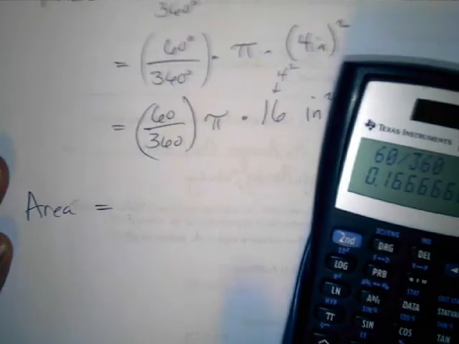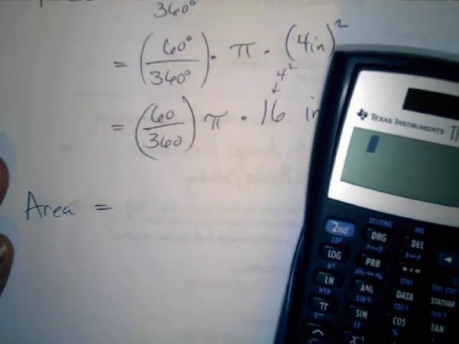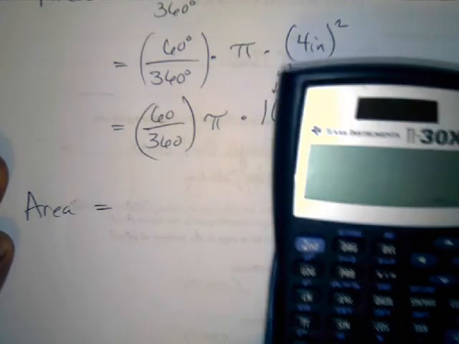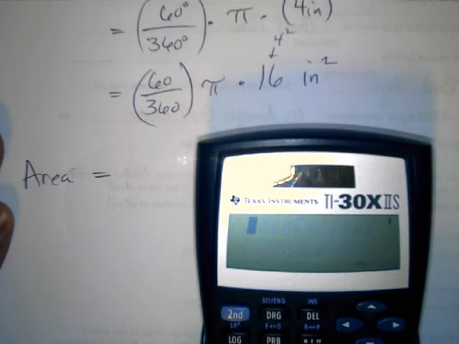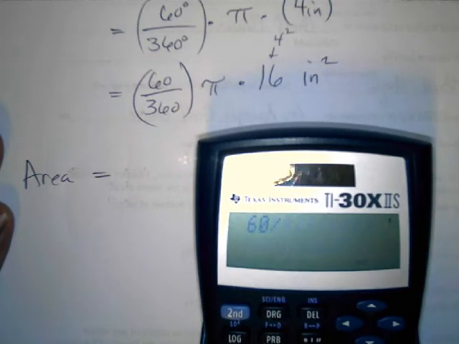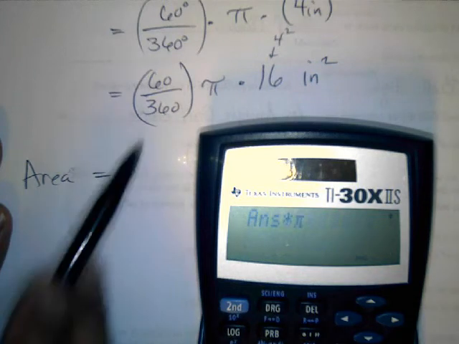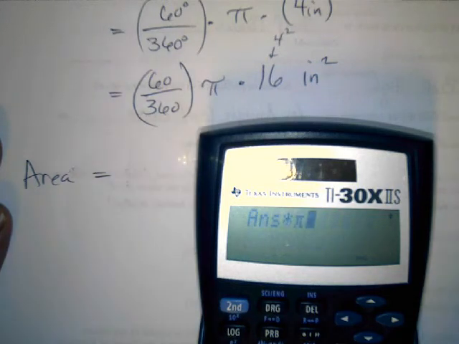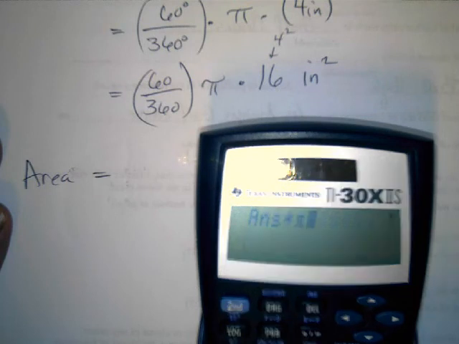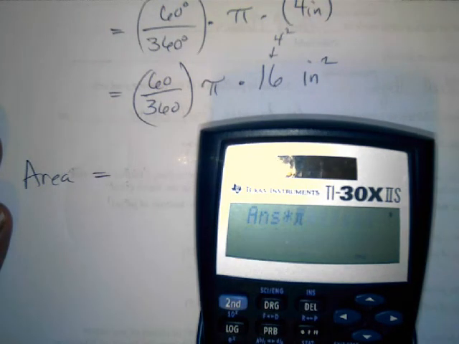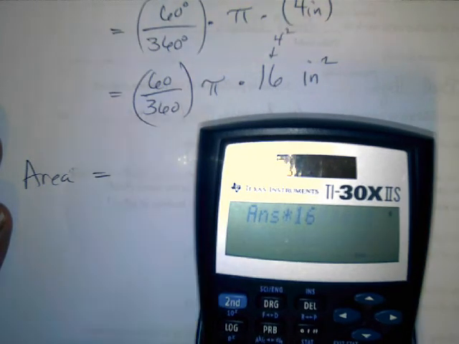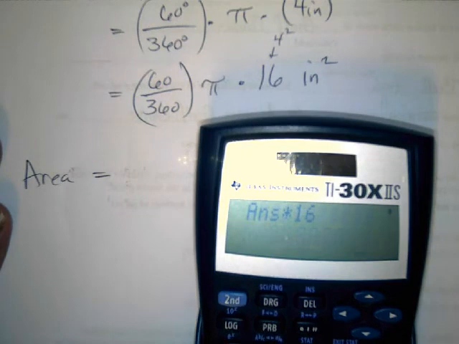Okay, so now we can just get the area here. We can do this all at once. Let's get this number again. What was it? 60 divided by 360. Get that number first, then times pi, equals or whatever, and then times 16.